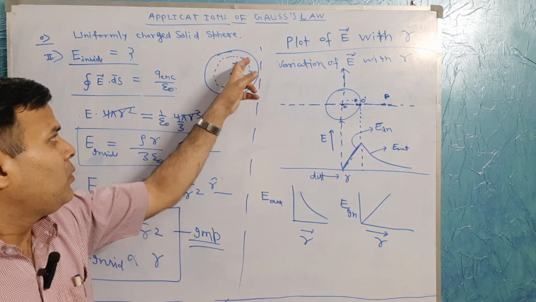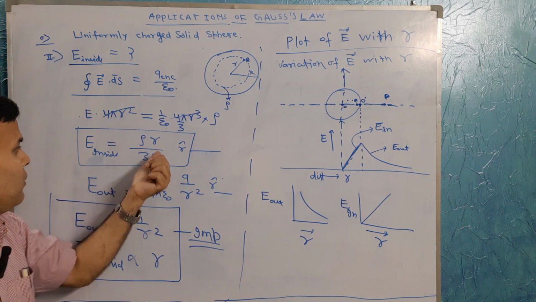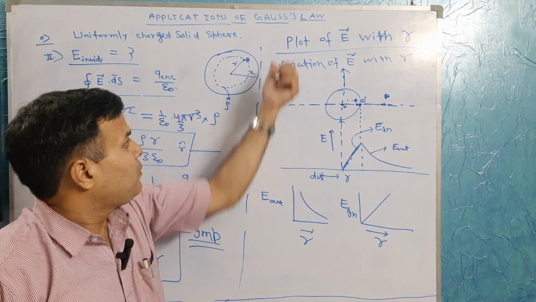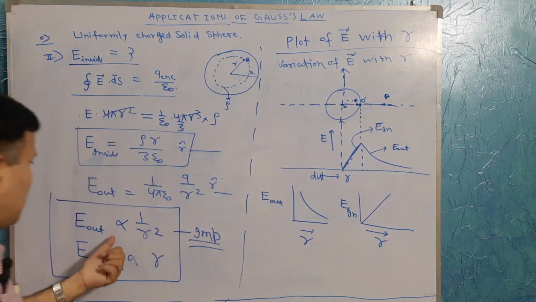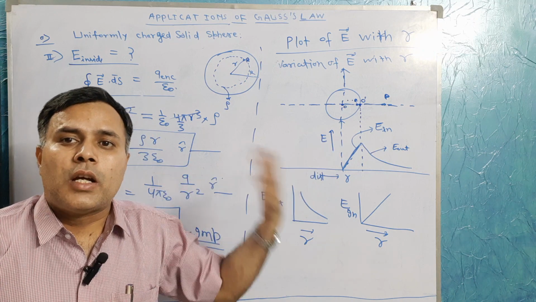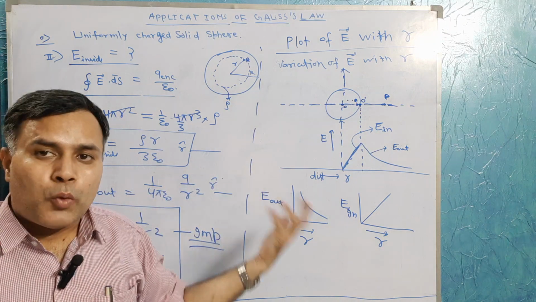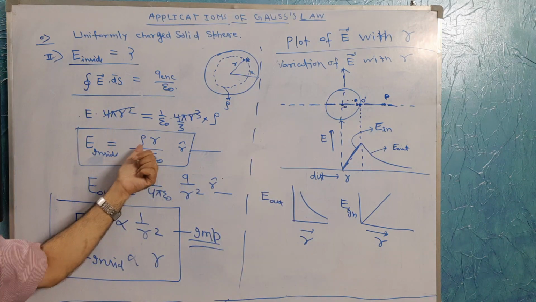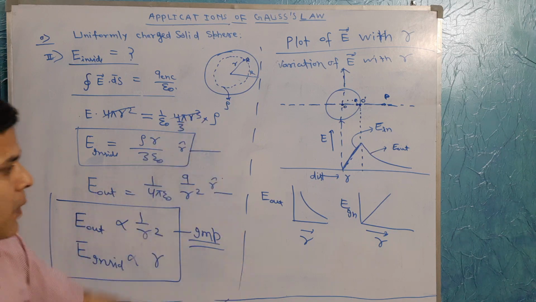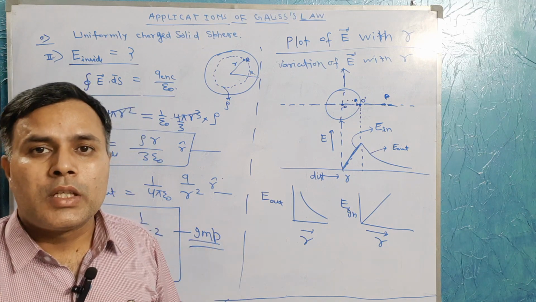At any point Q which is inside, we have the profile rho r by 3 epsilon naught, and outside at any point P, we have the field of a point charge. So the electric field due to a uniformly charged solid sphere at any point outside is like that of a point charge, and inside it follows a linear profile of variation of E. So it's all about the electric field due to a uniformly charged solid sphere.